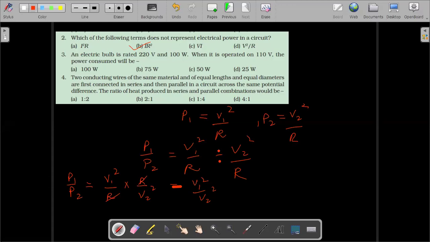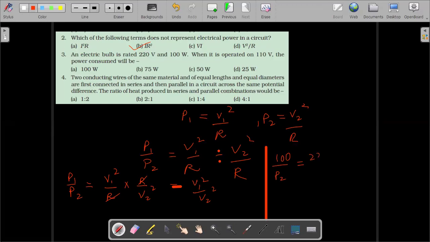Okay, got the answer? What answer did you obtain? P1 is 100 divided by P2 equals V1 squared over V2 squared.